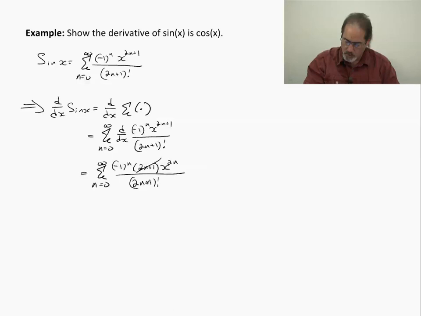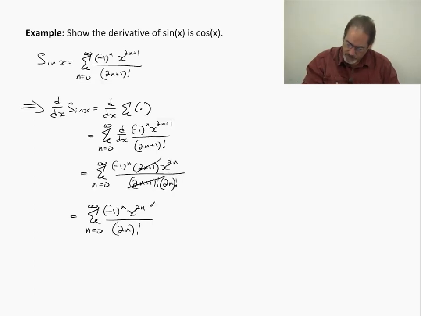Well, the 2n plus 1 is going to cancel with the 2n plus 1 factorial and give me simply 2n factorial. So this equals the sum n equals 0 to infinity of negative 1 to the n x to the 2n over 2n factorial. Sorry, I should put parens there.